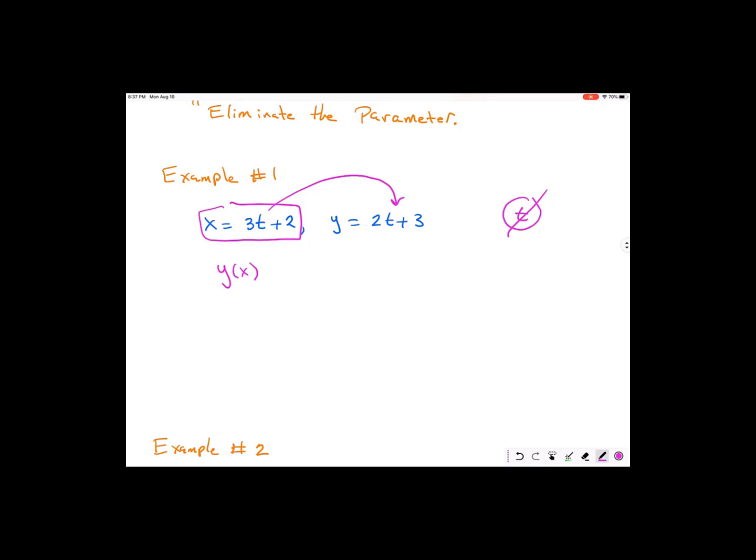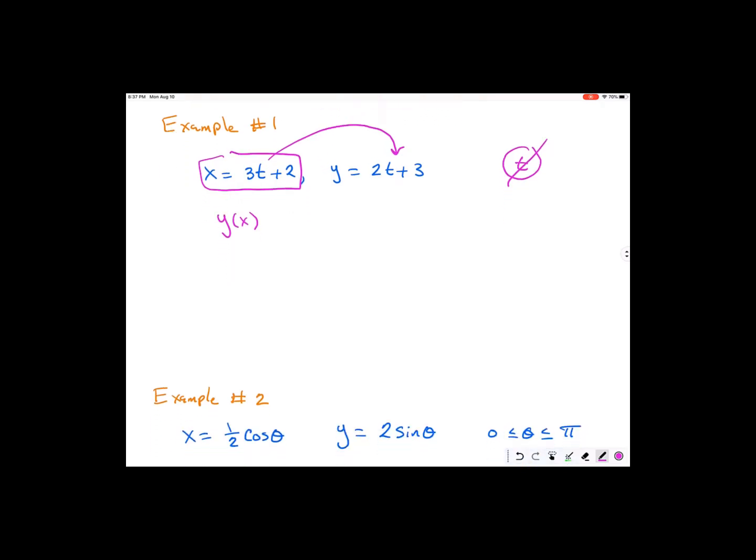And I'll be left with y as a function of x. What I'm going to do is take x equals 3t plus 2 and solve that for t. So I have x minus 2, the whole thing divided by 3, that's equal to t.